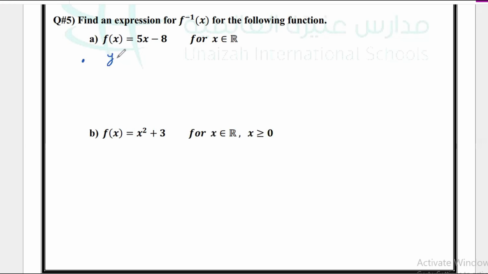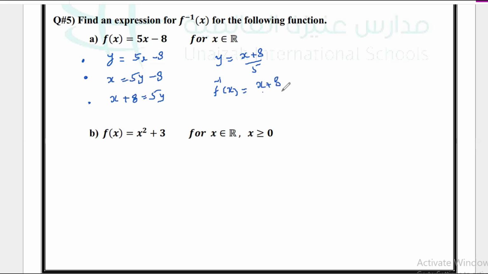The second step is we change the places of x and y. And the third step is to make y the subject. So x plus 8 is equal to 5y, which means y is equal to x plus 8 over 5. This y represents f inverse of x. So we found the inverse function, which is x plus 8 over 5.